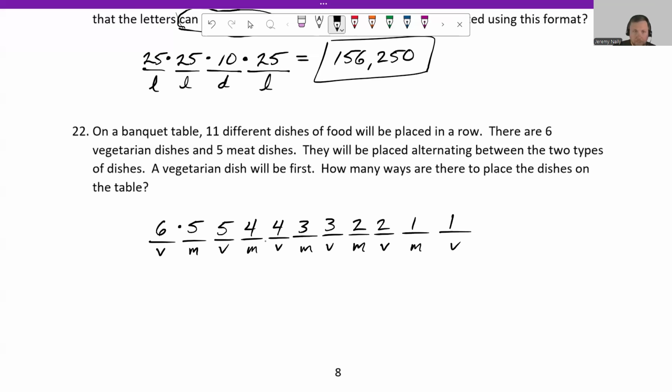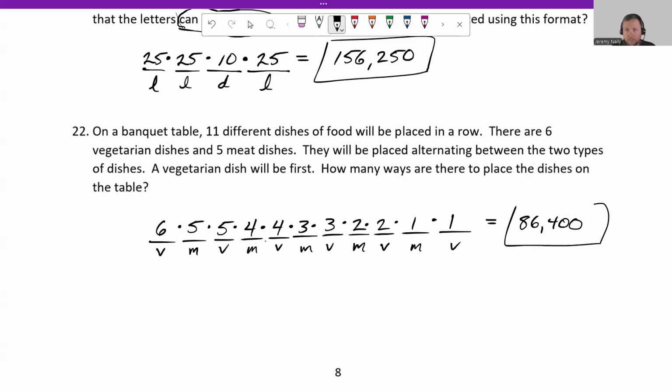And then what am I doing with all these numbers? I'm going to multiply them.